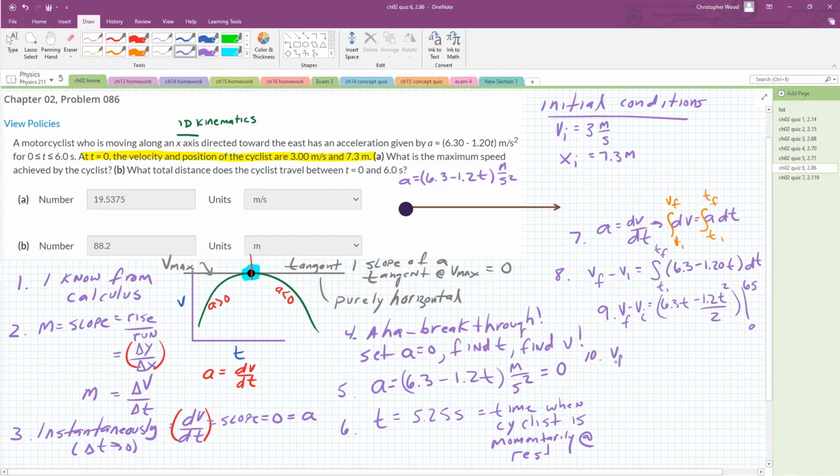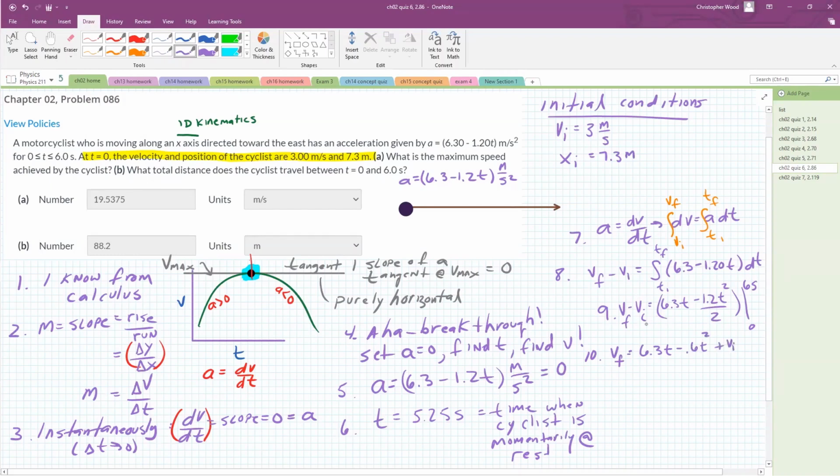V final, which in this case is my final velocity, my velocity at this point in time at 5.25 seconds, equals 6.3 t minus 1.2 over 2, which is just 0.6, minus 0.6 t squared plus v initial.